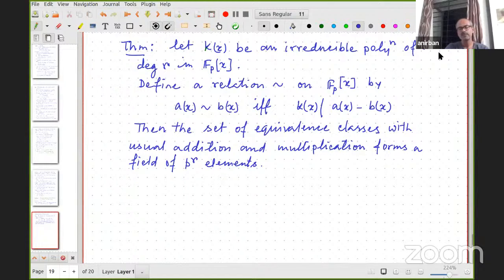As soon as I find an irreducible polynomial over Fp of a given degree, then we can construct a field of p to the r elements. So finding irreducible polynomials is important. At least we would like to prove existence of such irreducible polynomials. That's what we want to do now.